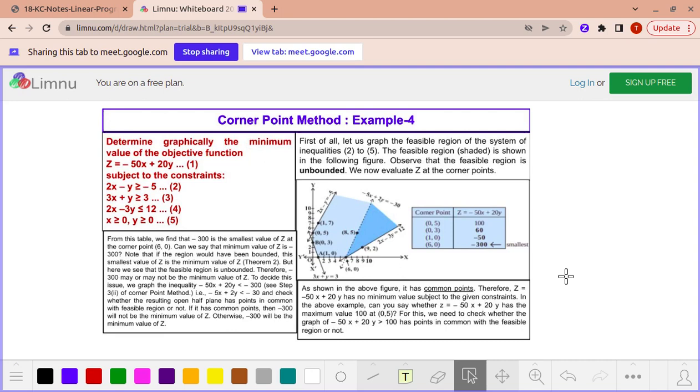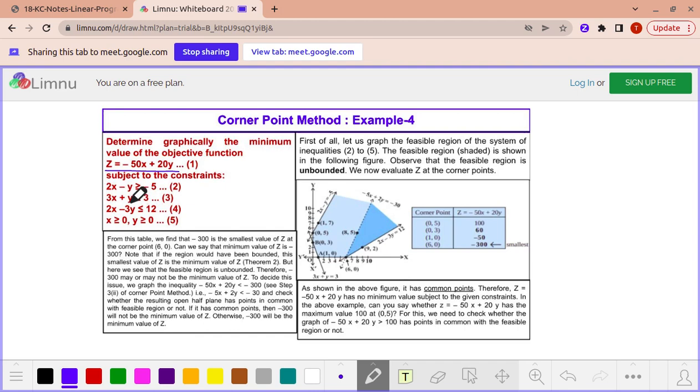We need to find the minimum value of the objective function minus 50x plus 20y. Let me use the blue color. So our objective function is z equal to minus 50x plus 20y. We need to find the minimum value of this objective function subject to the constraints.